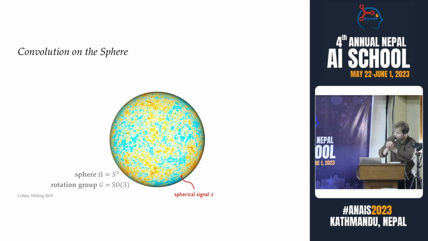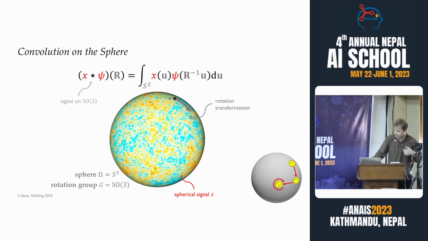Basically, we have our sphere and a spherical signal, a signal on the sphere. If we want the learning to be efficient, we want this invariance or equivariance to these symmetries. We can then apply the geometric deep learning blueprint and go through a lot of complicated math to figure out how to do this. I won't go into details, we can talk about it later if you want, but these are the mathematical symbols that are used to define these things. You can see that there's an integration on the sphere. You can see that x is a signal and psi is the filter.